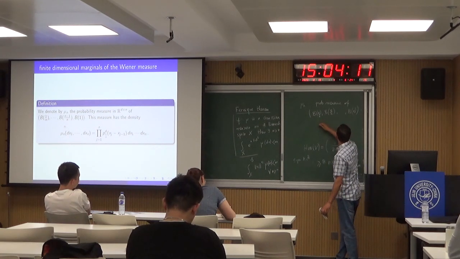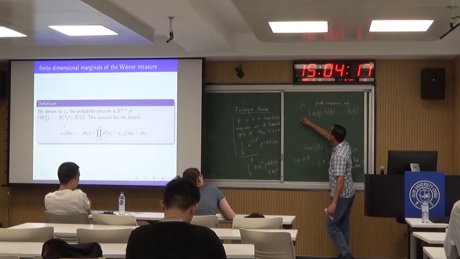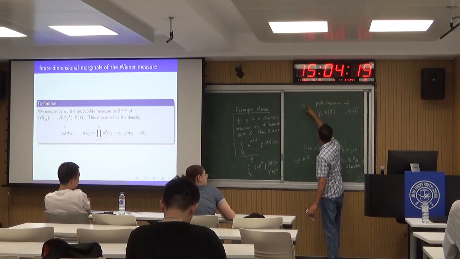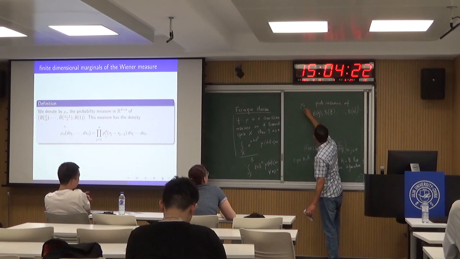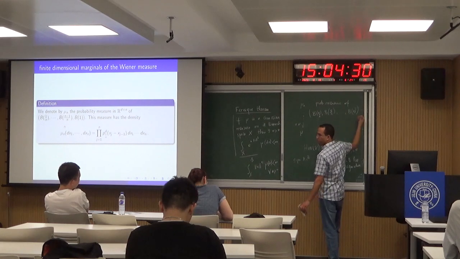Now, if you make n greater and greater, these finite dimensional probability measures will find mu, the probability measure of the whole unit process.